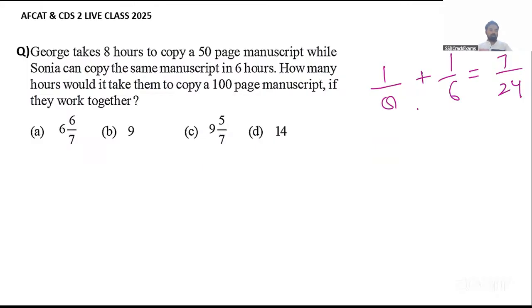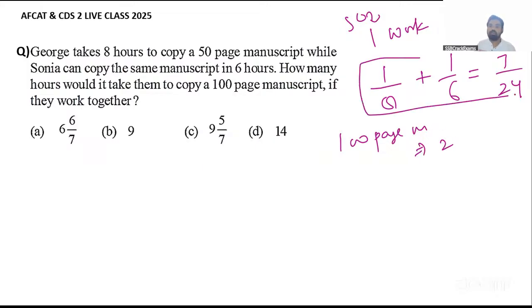In simple words, for the 50-page manuscript, the work was one. Then for the 100-page manuscript, the work will be twice the initial work.